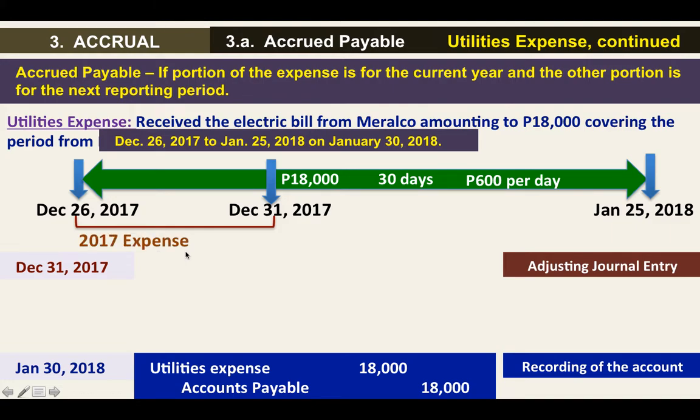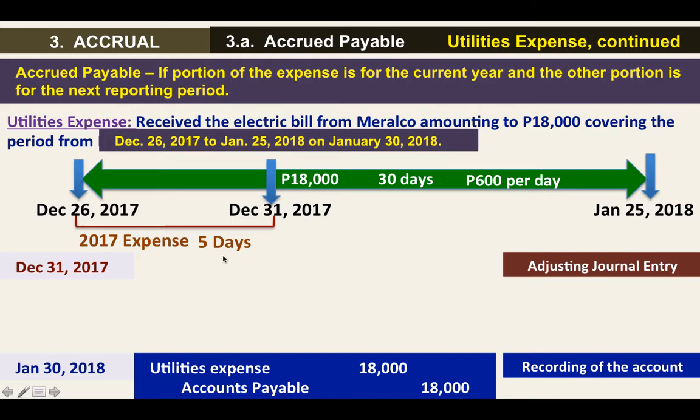So, yung expense niya for 2017 is for 5 days consumption. 26 to 31, that will be 5 days. Okay, 31 minus 26 is 5. Or 26, then you count 27, 28, 29, 30, 31, so it's 5 days.